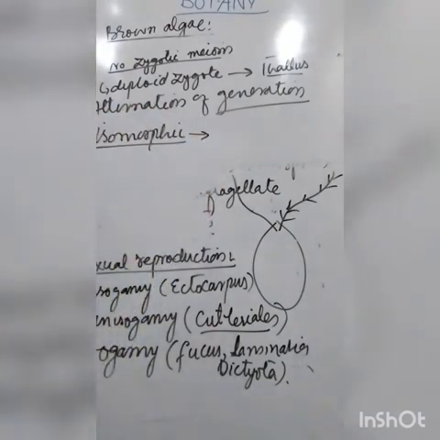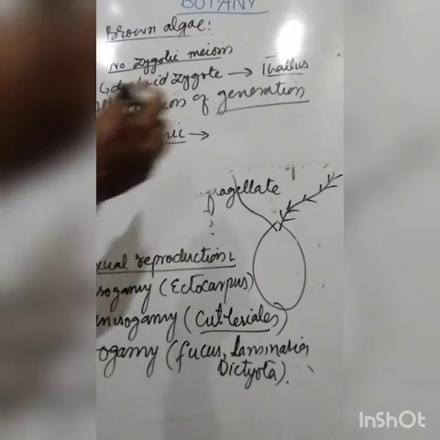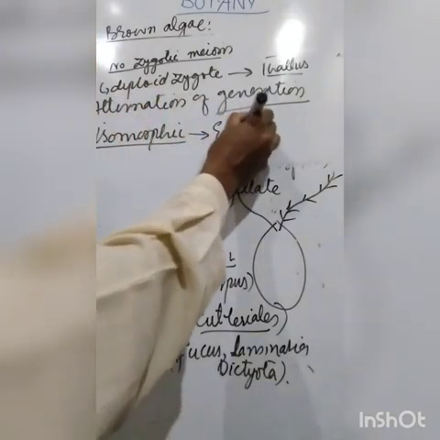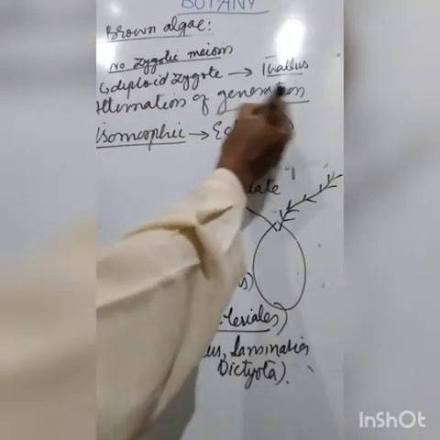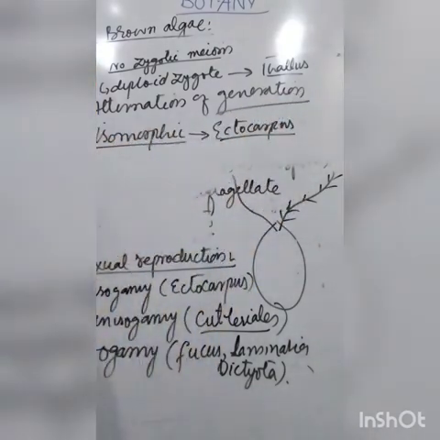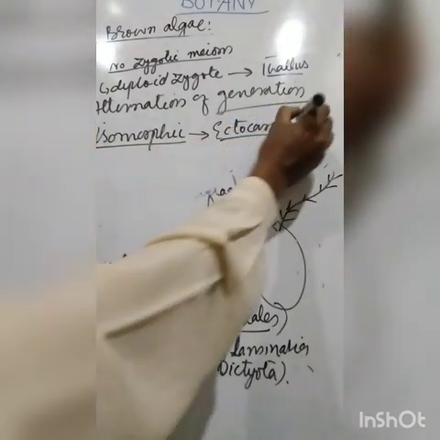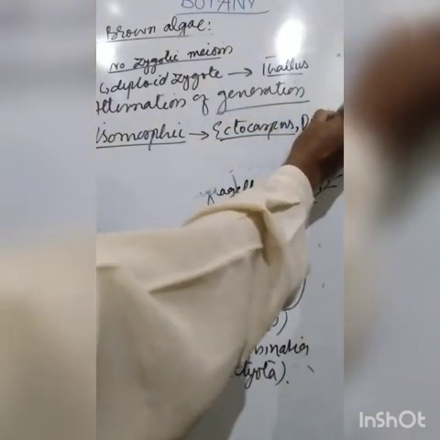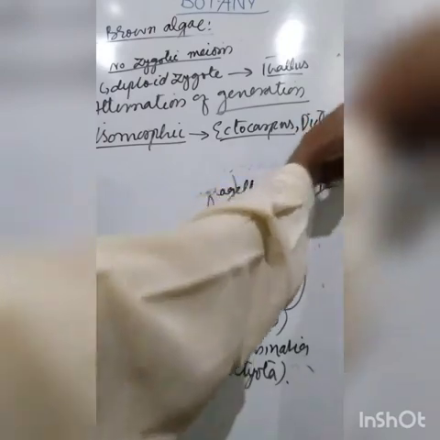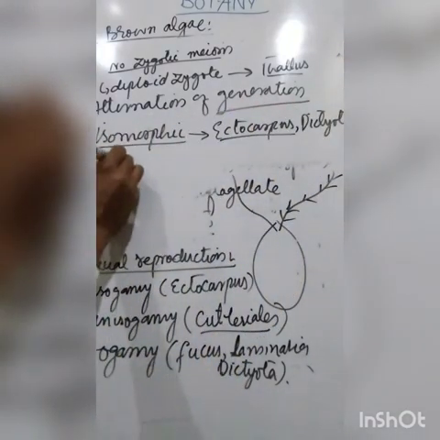Isomorphic, it is Ectocarpus. It is isomorphic alternation of generation. Or there is Dictyota. Dictyota also has similar haploid and diploid phases, and if these are different, that is heteromorphic.